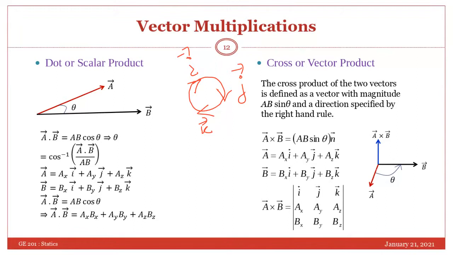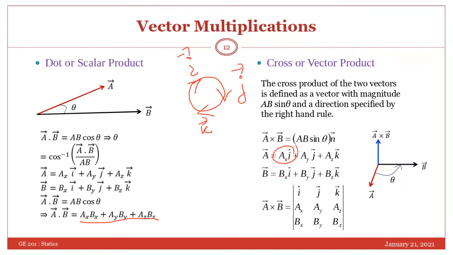So in this case, when you multiply two vectors written in component form, it will be quite long, not as simple as it was in the dot product or scalar multiplication. Like here, when you multiply AX I with BX I, I cross I will be 0, so the answer will be 0.